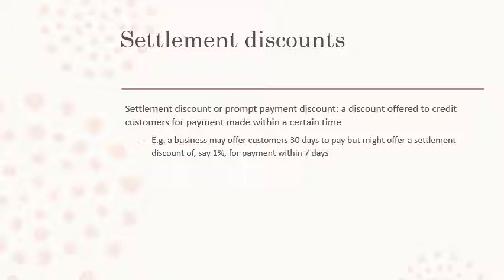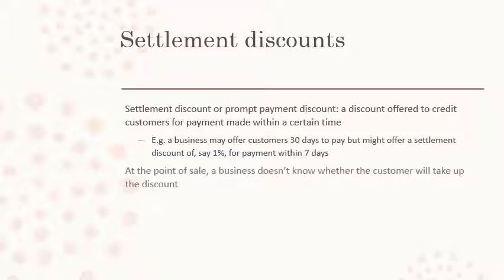So we might have, for instance, a business that offers its customers 30 days to pay, but it might want a quicker payment, so it might offer a settlement discount to encourage quicker payment of, say, 1% for payment within 7 days.